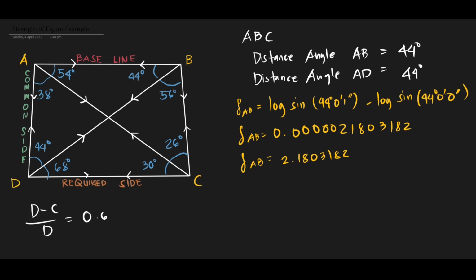So since the distance angle AD also has the 44 degrees, then we can now compute for delta AB squared plus delta AB delta AD plus delta AD squared.